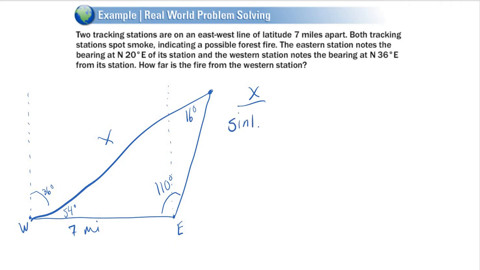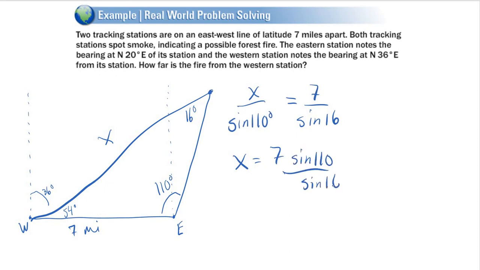So x over sine of 110 equals, and of course we've got this ratio, so equals 7 over sine of 16. And then of course we can rearrange this, so x is going to equal 7 sine 110 over sine 16.